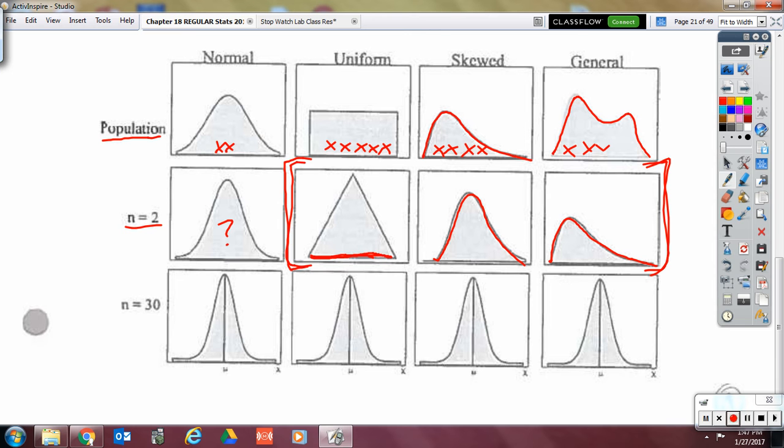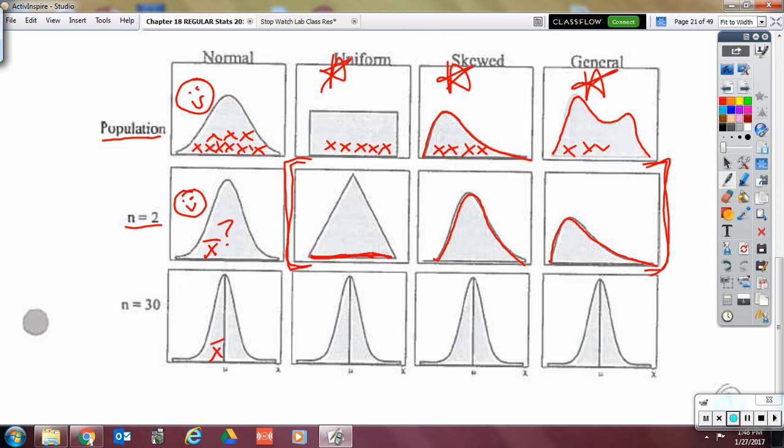Because the population was already good to go, then anything that comes out of it is going to be good to go. It doesn't even have to be large enough. Large enough is not necessary if we were told that the original population was normal. Okay, good job. So everything that came out of it became normal. It was these guys over here that did not start out good that we had to be careful with.